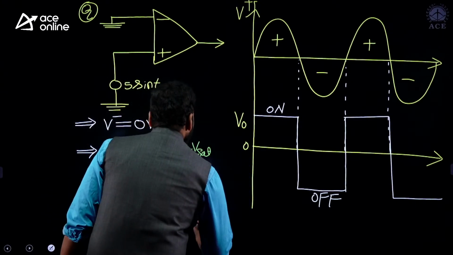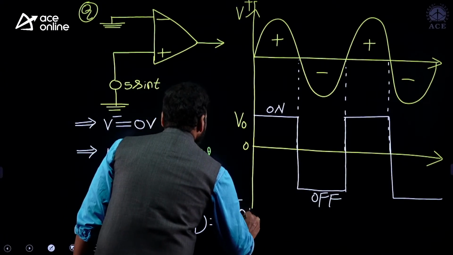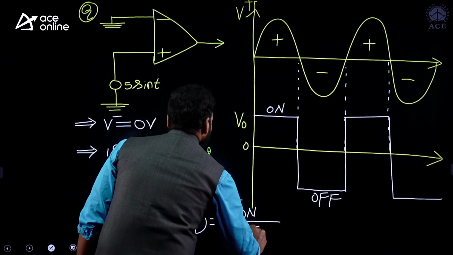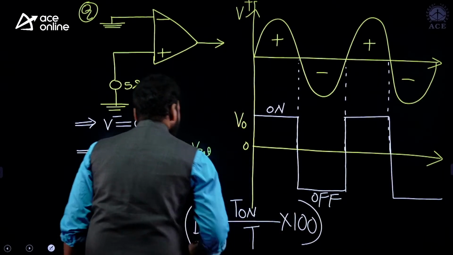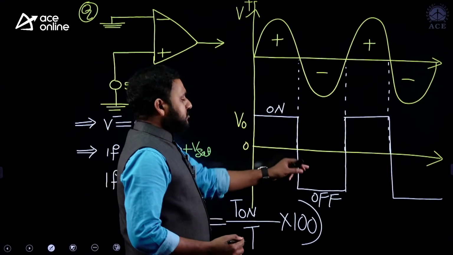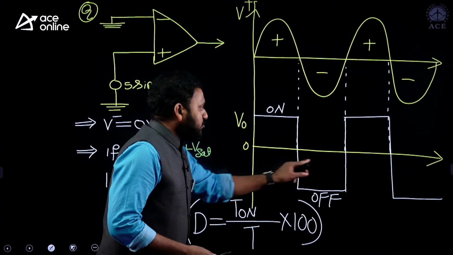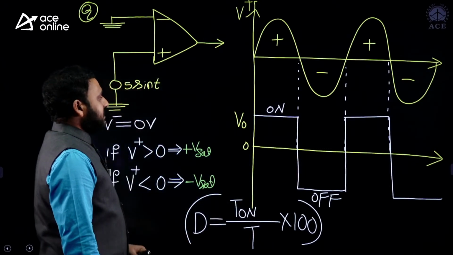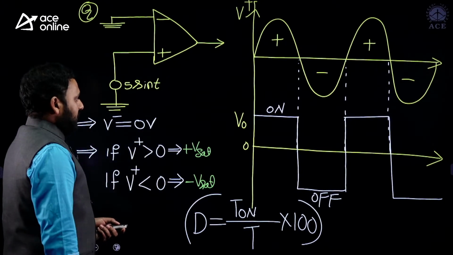And what is the formula for duty cycle? On time divided by total time. Generally they ask you in percentage. So on time is equal to off time. If this is Tx, this is 2Tx, so 50% duty cycle, right? But the question is about the waveform only.